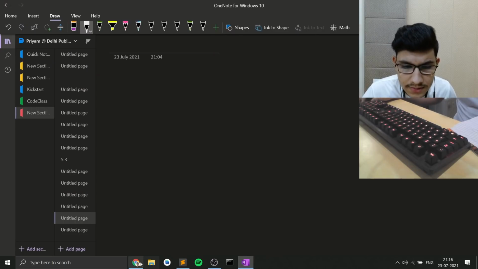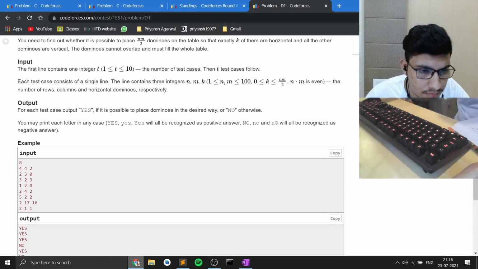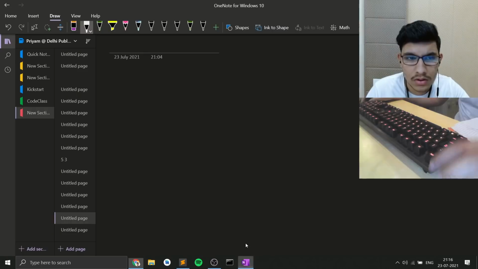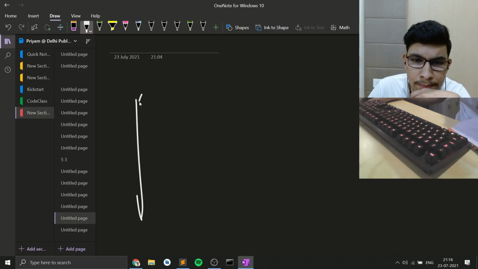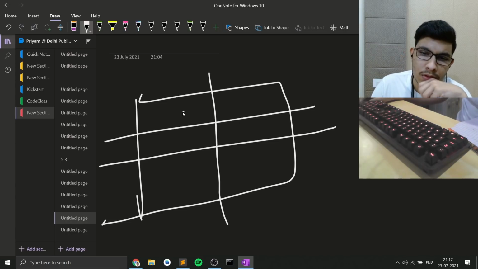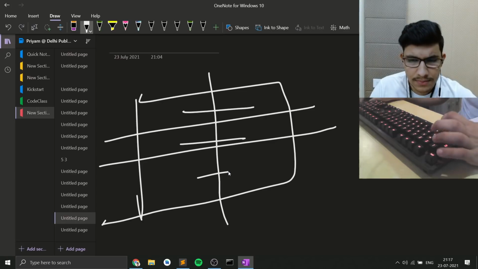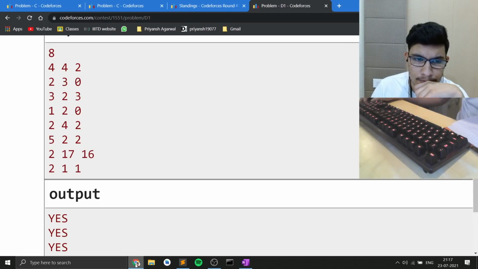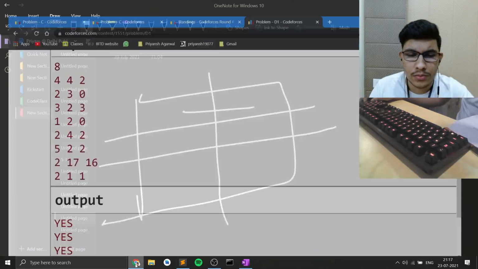Let's look at some cases here when the number of rows is odd: 3, 2 and 3. So I need to place 3 of them, right? So this can be possible. 5, 2, and 2.